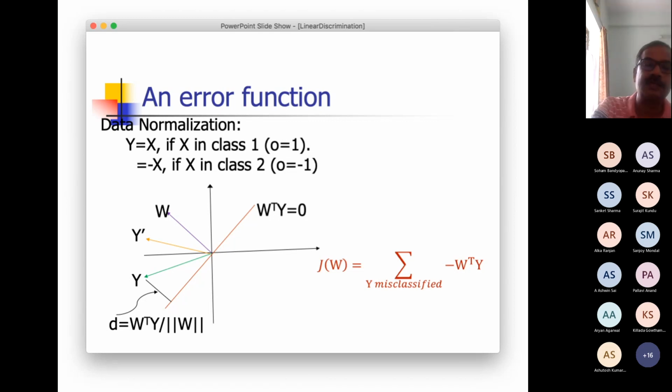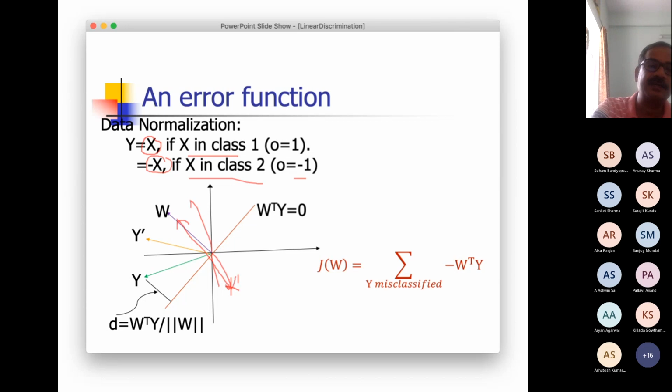Suppose the sample belongs to class 1, there is no change in the sample. But if it belongs to class 2, that means with label -1, then we'll negate the sample. Say x prime was in this direction.